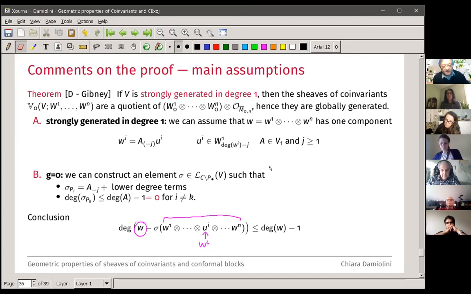It seems that you're saying that one of the obstructions to the general case is whether this lowest weight space dimension is equal to 1 or not, right? Yeah.